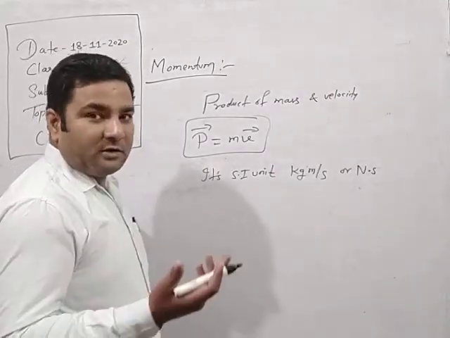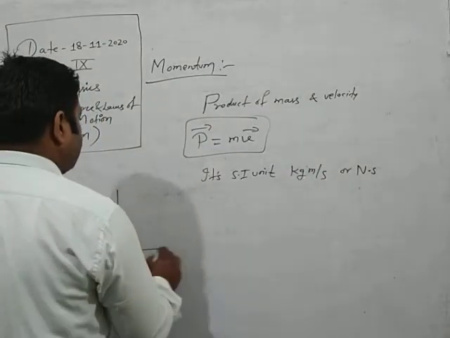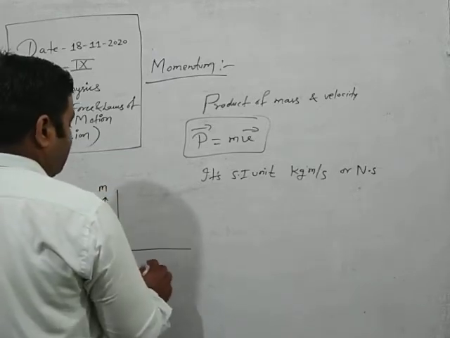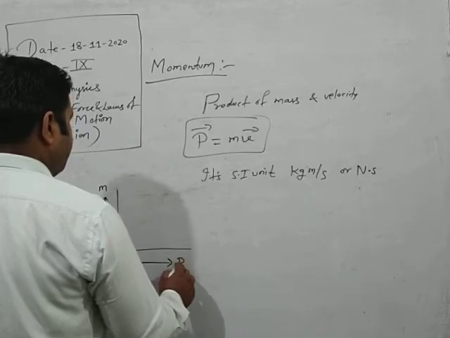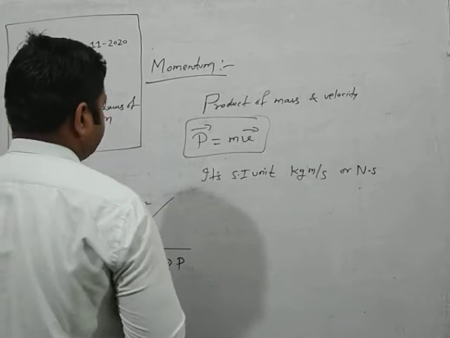And when we plot the graph between m and p, then v is constant.